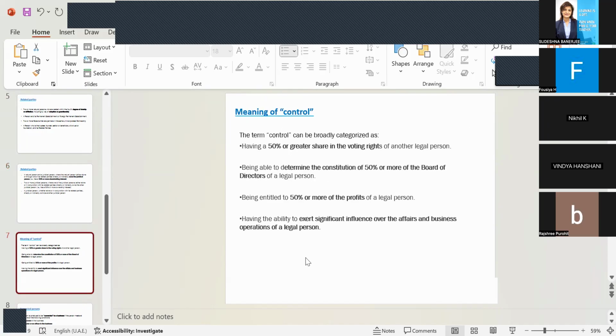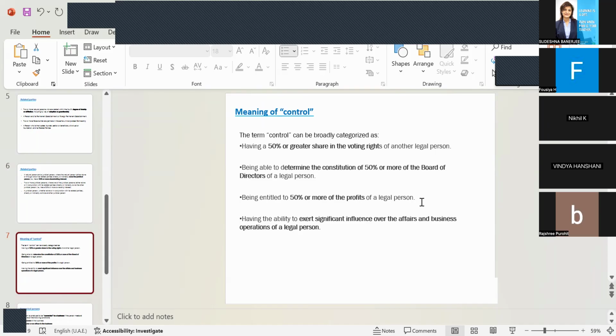Meaning of control. Control, like I told you, can be through shareholding, like 50% or greater of the voting rights. Then it can be constitution: being able to determine the constitution of 50% of the board of directors. If a person is not holding 50% of the shares of a company but has the right to constitute 50% of its board of directors, that can be considered control. Then being entitled to 50% or more of the profit of a legal person.